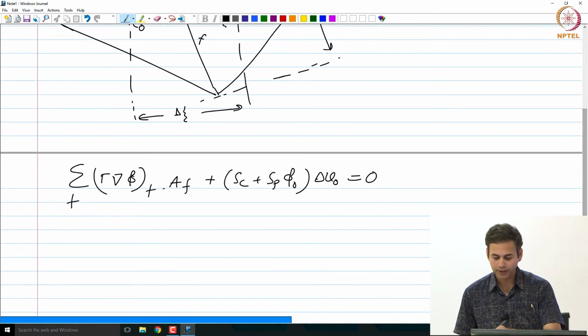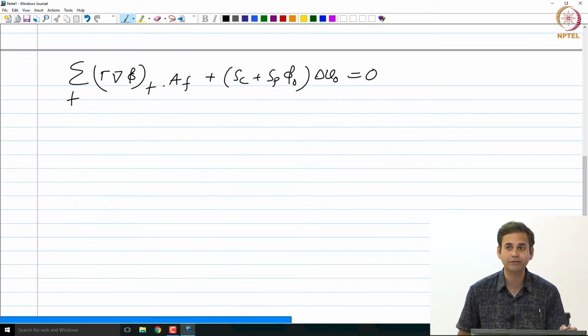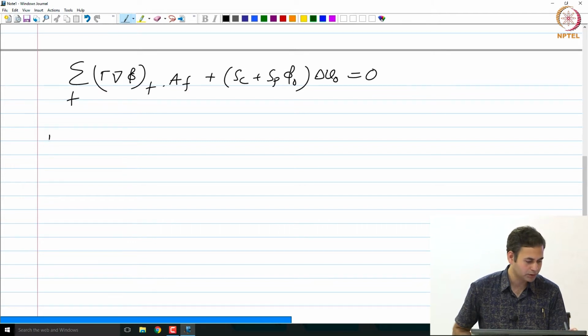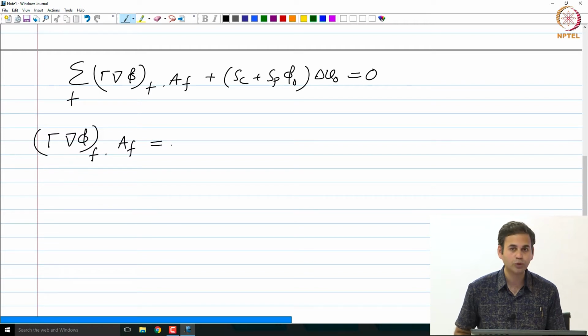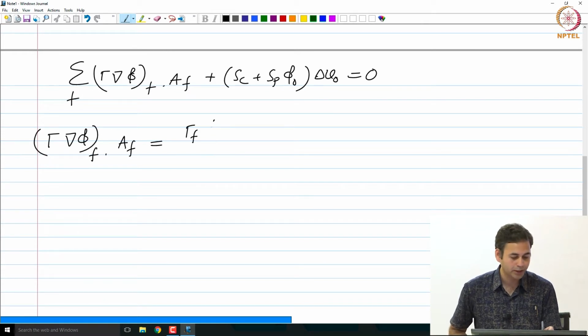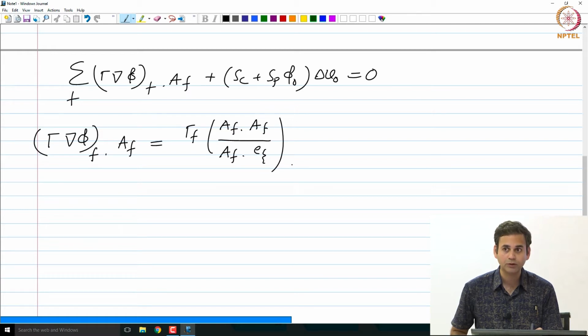Then we formulated the value for gamma grad phi dot AF. This came out to be a long expression in terms of partial phi partial xi as well as partial phi partial eta. It would be gamma f times AF dot AF by AF dot E xi, times partial phi partial xi of f.